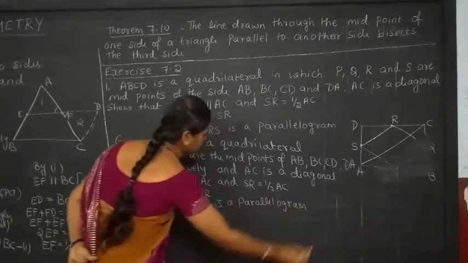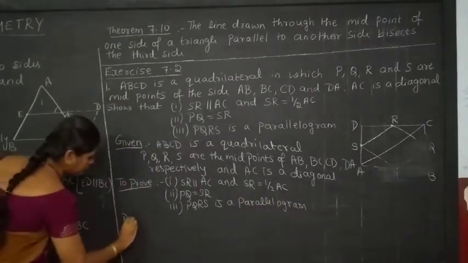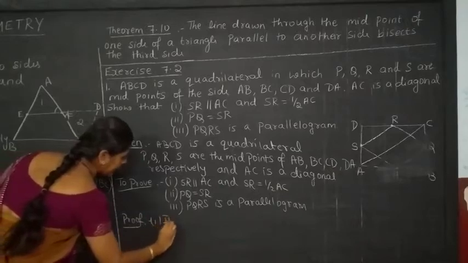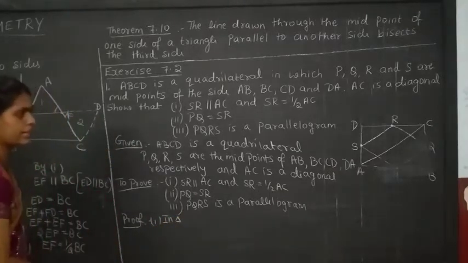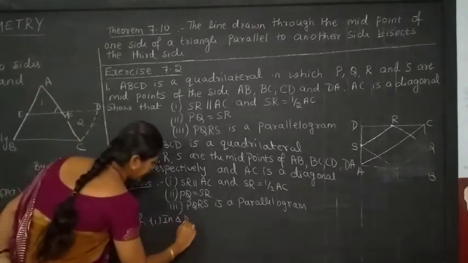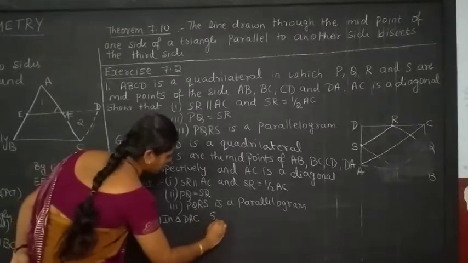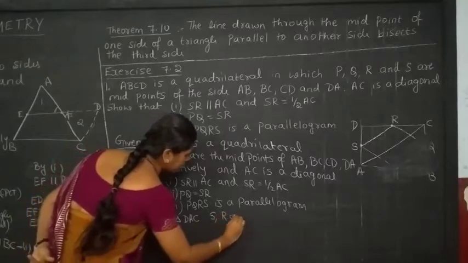Now I am going to prove the first thing. Proof. First thing. Which triangle am I going to take now? Triangle DAC. In triangle DAC, S and R are the midpoints.